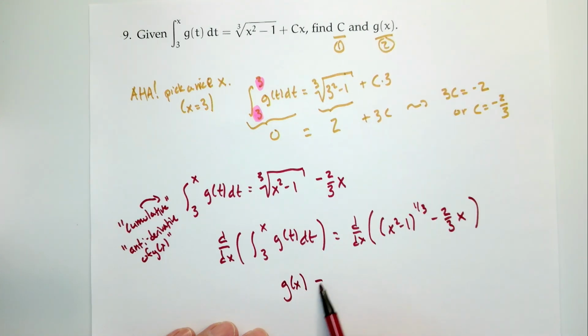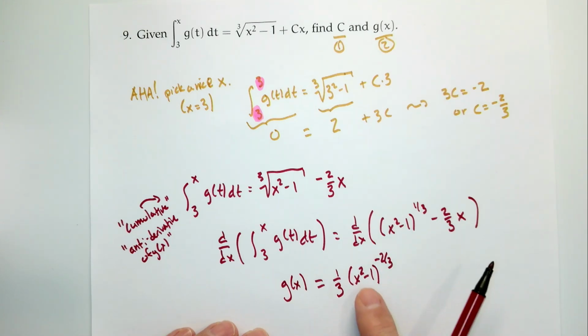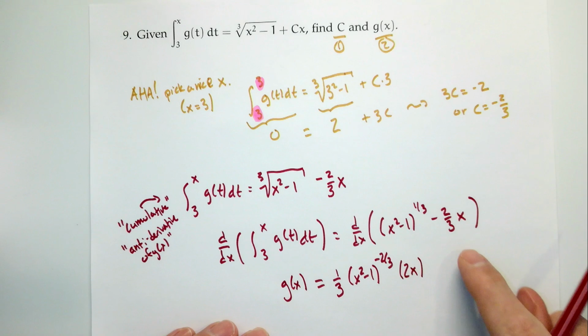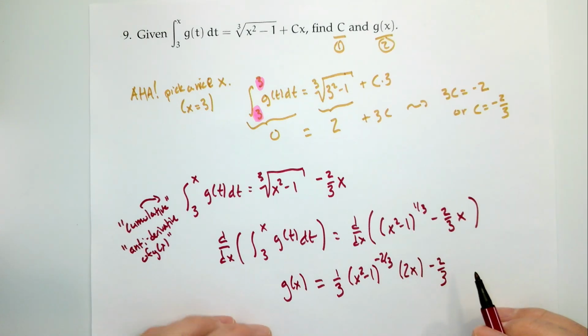All right, on the other side, well, 1/3 comes down. X squared minus 1 to the 1/3 minus 1 is minus 2/3. Anything else? Chain rule, right? Derivative of x squared minus 1 is 2x. And derivative of minus 2/3 x is minus 2/3.